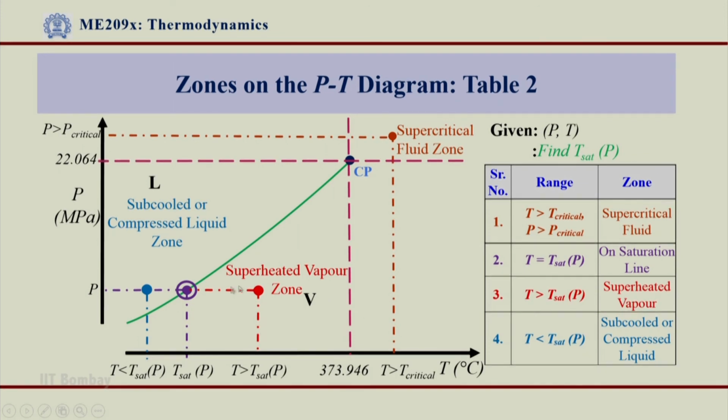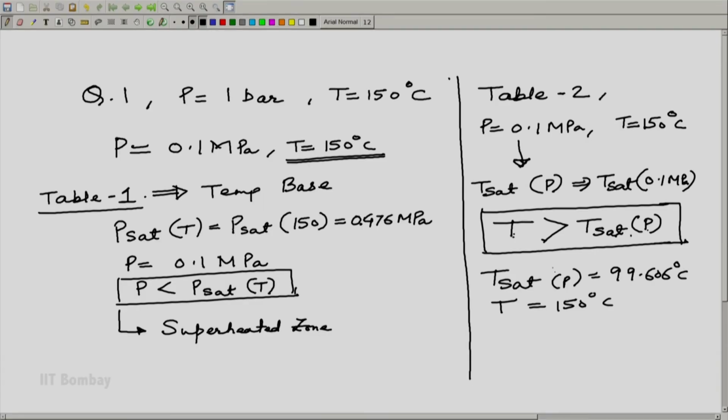That means we are over here, which is the same conclusion we got from table number 1. So, because T is more than T sat P, I will say that we are in the superheated zone. Whether we go by table 1 or by table 2, we are lying in the superheated zone only.